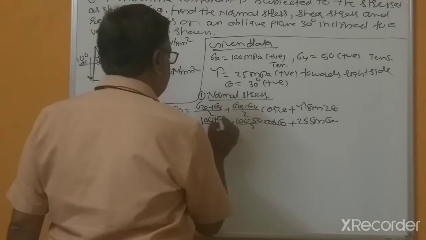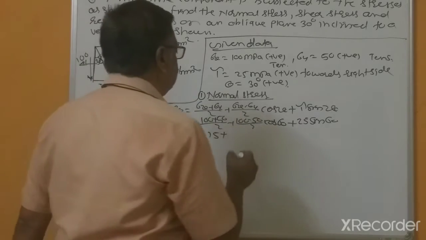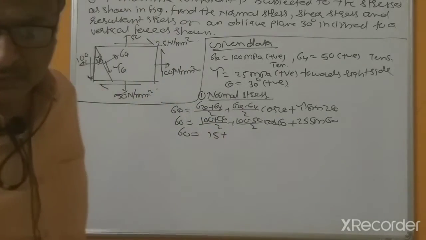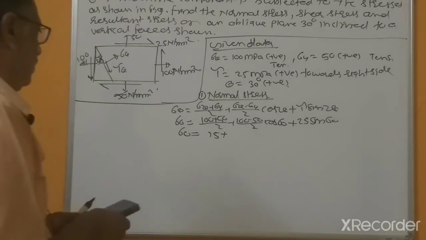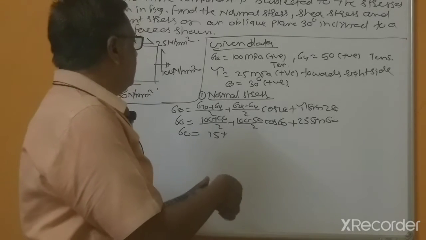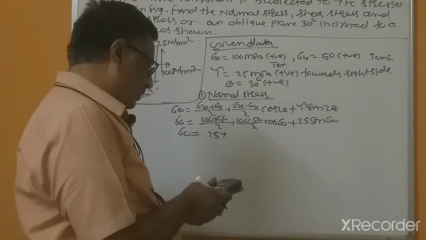So this is 75 plus 100 minus 50 divided by 2, 25, and cos 60, I think cos 60 is 0.5.